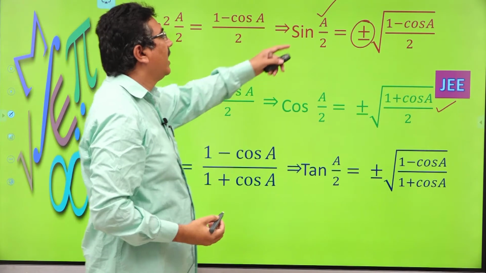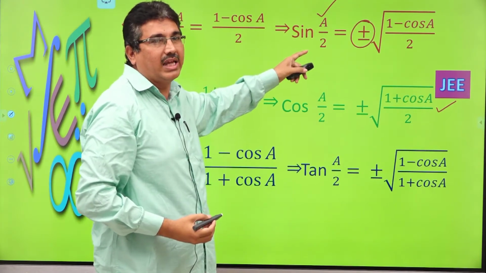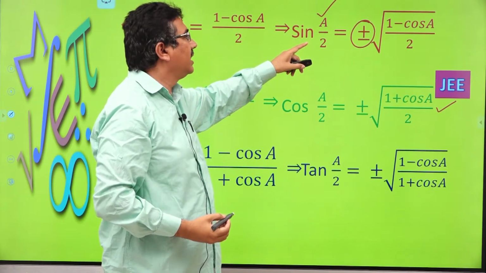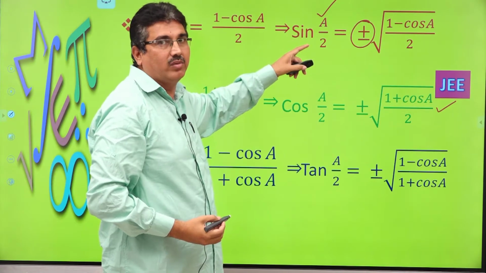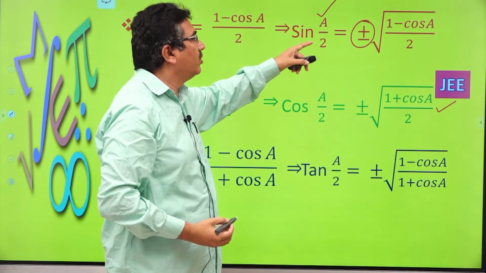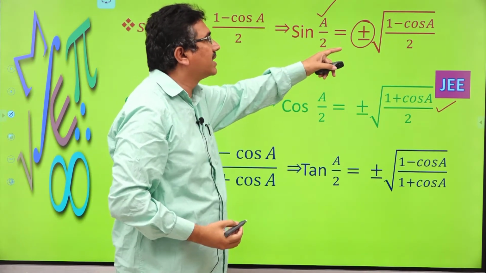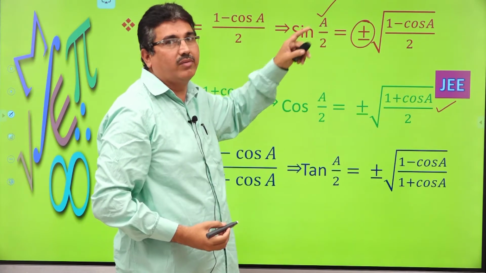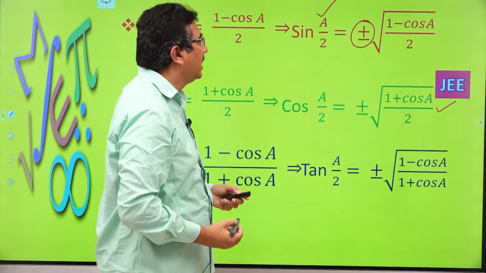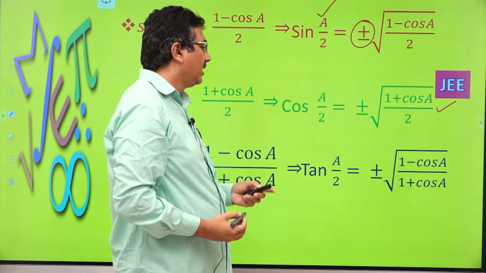Suppose A/2 is in the third quadrant. In the third quadrant, sin is negative. So sin A/2 is equal to minus the square root of (1 minus cos A) by 2. Right.